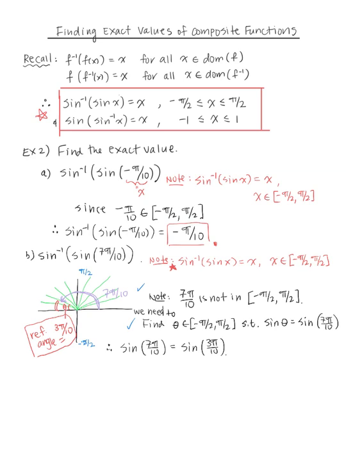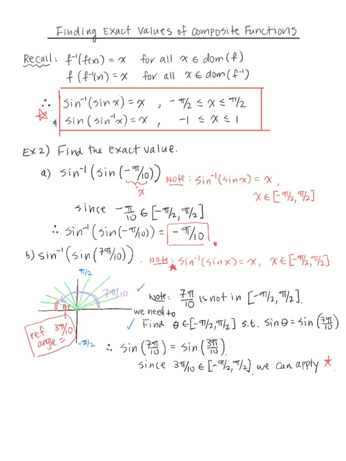All right, but let me just spell everything out. Since 3 pi over 10 is inside of negative pi over 2 to pi over 2, we can apply the note, which is denoted by star above.